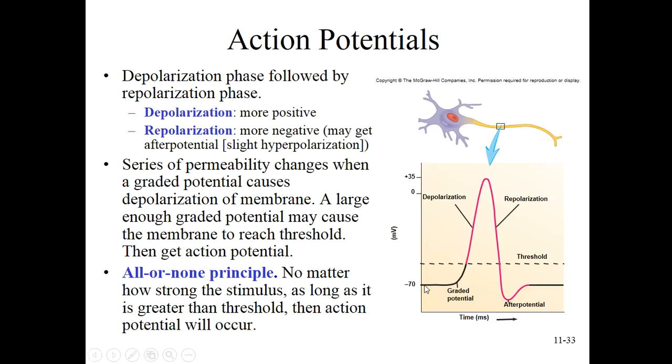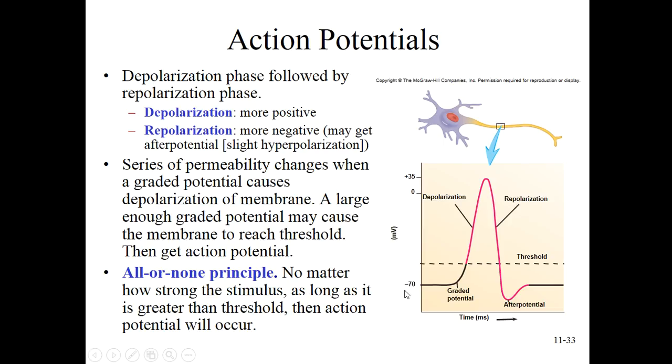At the baseline, the cell is polarized at a negative 70 millivolts. This is a tiny amount of electricity, right? A 9-volt battery on my tongue just barely gives me a little charge. We're talking about negative 70 thousandths of a volt, so it's a really tiny, tiny charge, but it is less than zero.